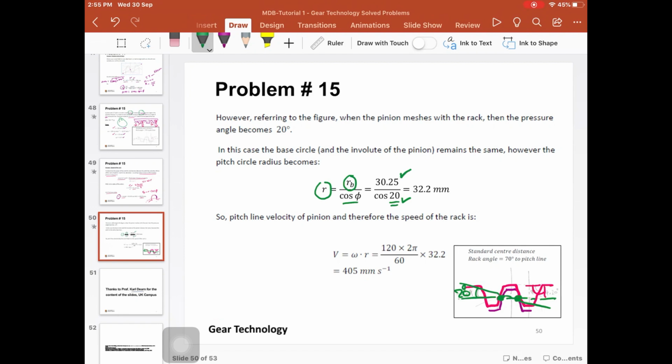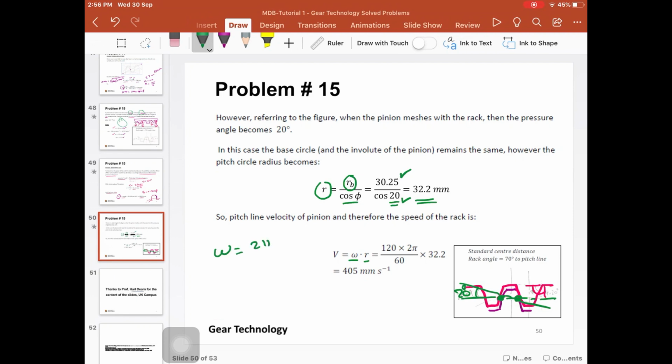I said earlier, the pitch circle radius is an imaginary circle, so its location can change, but the base circle does not change its location, because this is a physical position where the involute portion of the tooth starts. Based on this arrangement, we have found a new value for the pitch circle radius, and consequently the linear velocity of the rack is equal to omega multiplied by r.